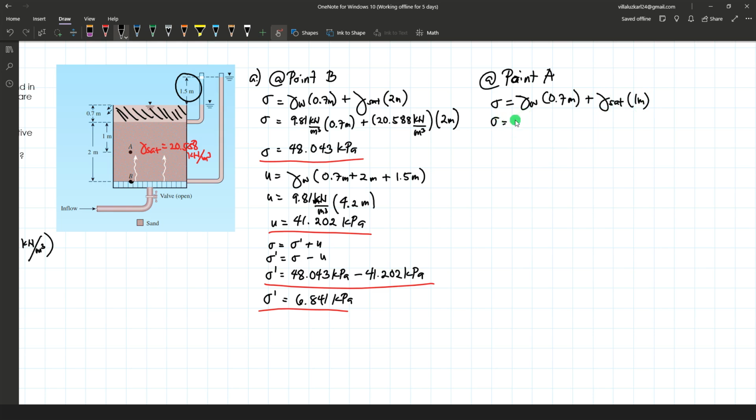So that's 9.81 kilonewtons per cubic meter times 0.7 meters plus saturated unit weight 20.588 kilonewtons per cubic meter multiplied by the depth, 1 meter.